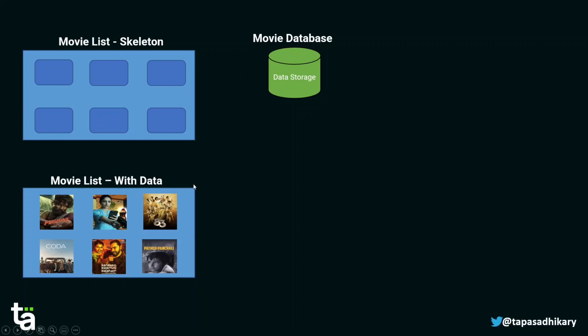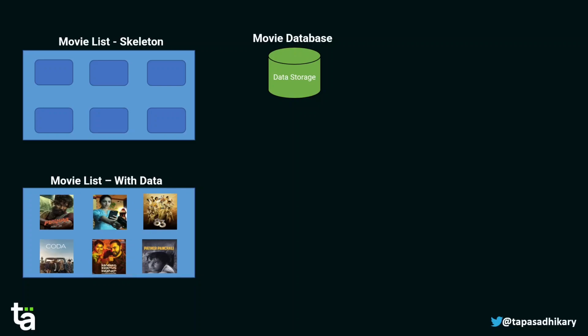One way I can do this is to write an API, fetch the data using this API, and then push the data as a prop to this skeleton movie list component, which you also call a dumb component or presentational component. With the data, the movie list gets completely populated with the movie details.